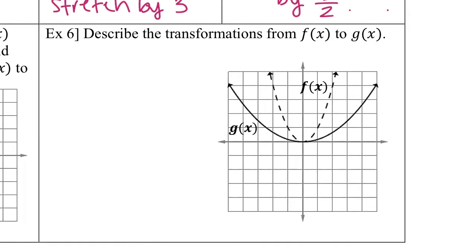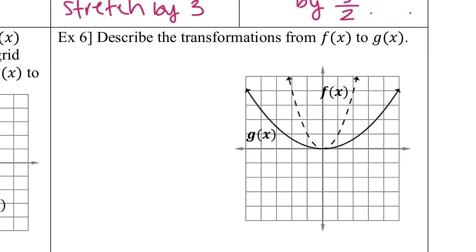Example 6. Describe the transformations from f of x to g of x. So again, the first thing I look for is a reflection, but my original function f is up, and so is my new function g, also facing up, so there was no reflection across the x-axis. Now, we have to decide, is this a vertical stretch or was it vertically compressed?